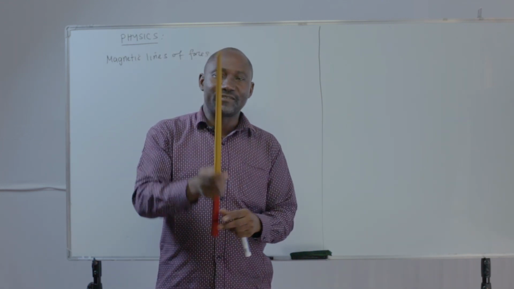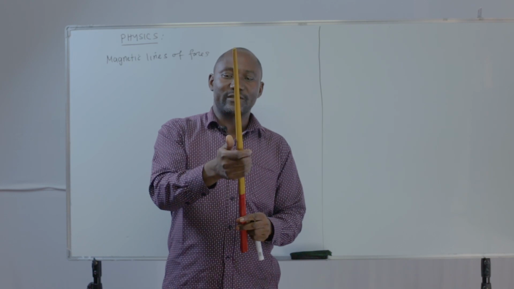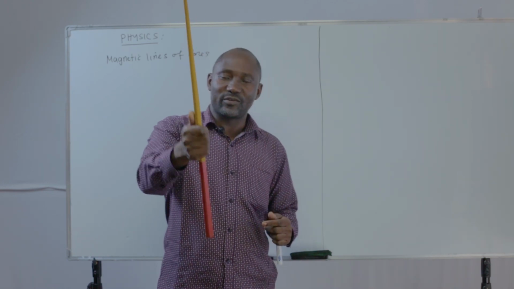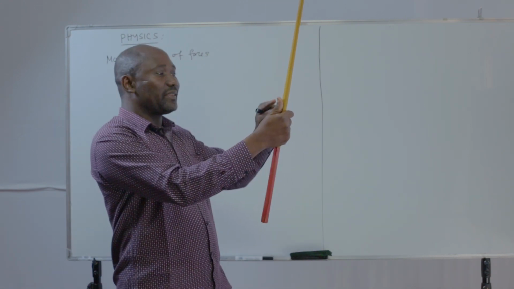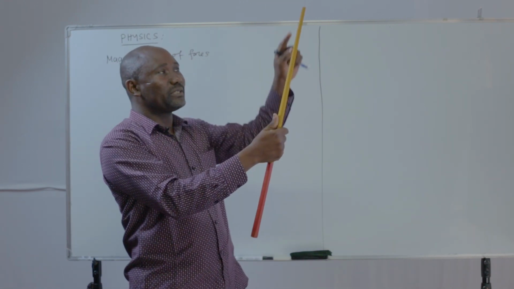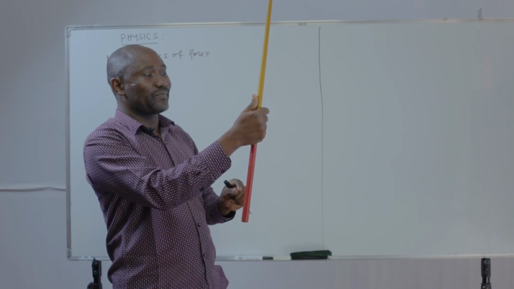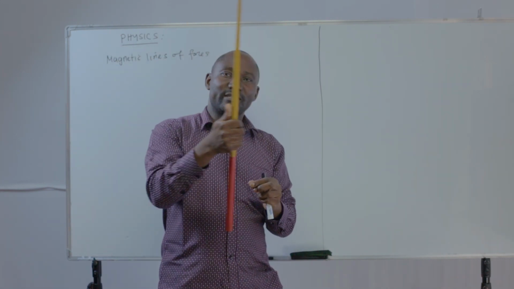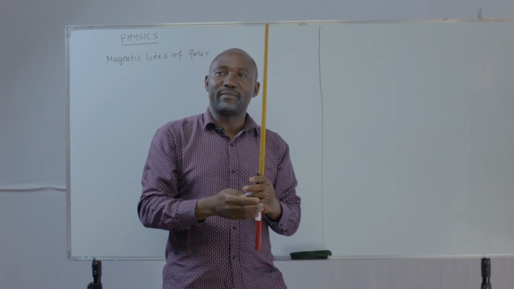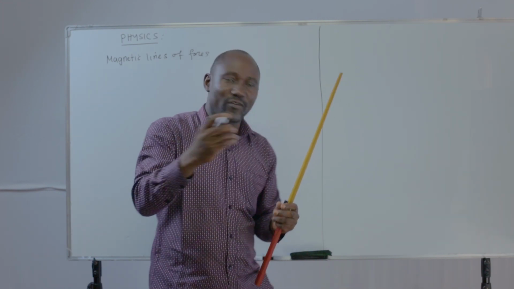What does it mean? If you are holding a wire like this with your right hand, you can see my thumb is pointing in the direction of the current. Then the other fingers will be showing the direction in which the magnetic lines of force flow.